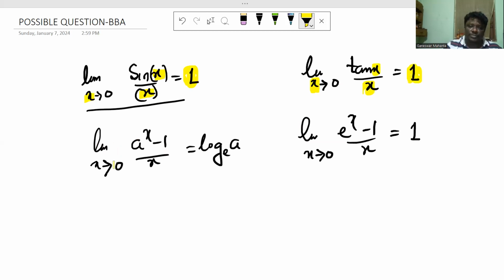Like this, limit x tends to 0, a to the power x minus 1 by x, that is log a. For e to the power x, that is log of e, log of e is 1. So we will now solve some problems on how to solve limits.